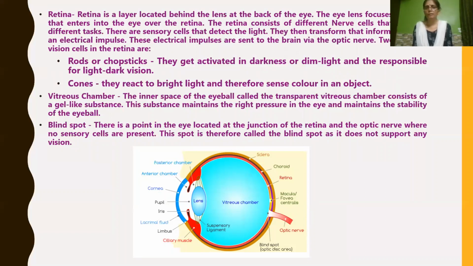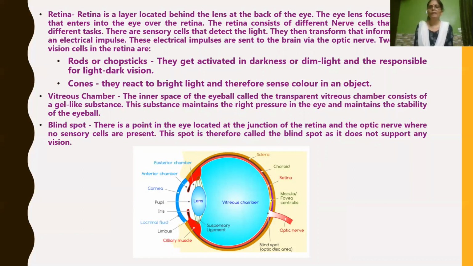These nerve cells are sensory cells that detect light and transform that information into electric impulses. Then the electric impulses are sent to the brain through the optic nerve.